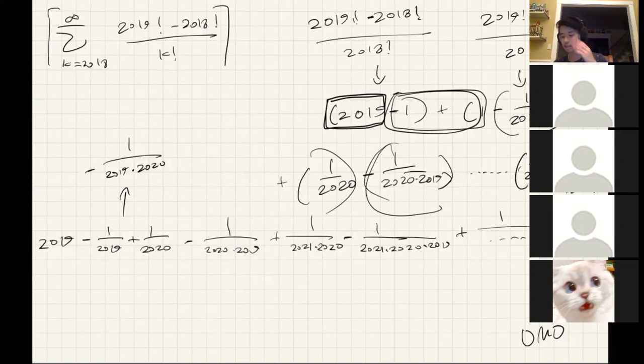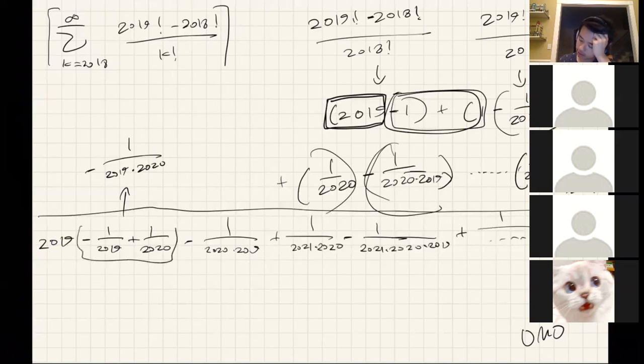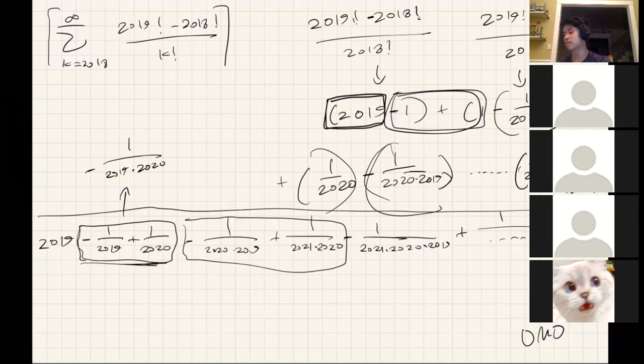So this sum keeps going on. What you might notice is that you can essentially pair these terms up. When you pair them together, each pair is going to sum to something negative.